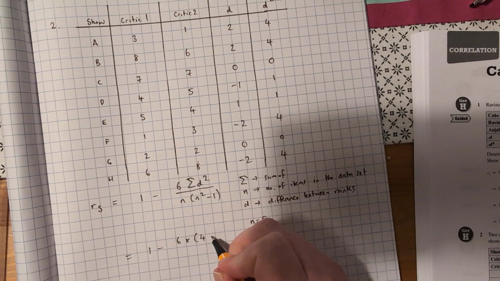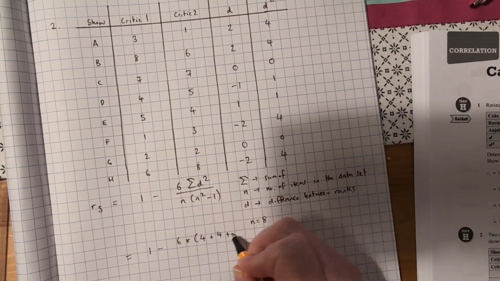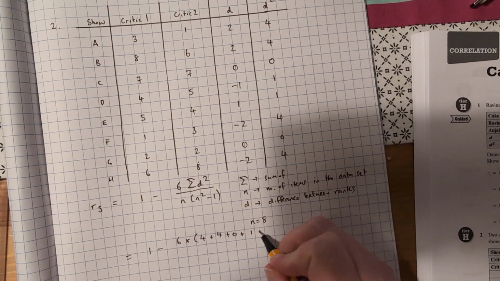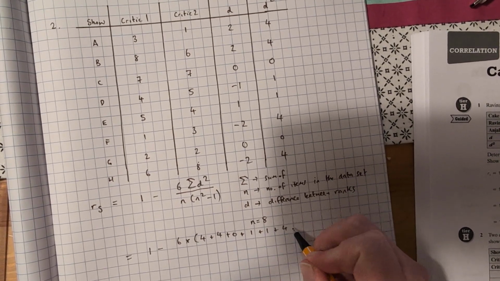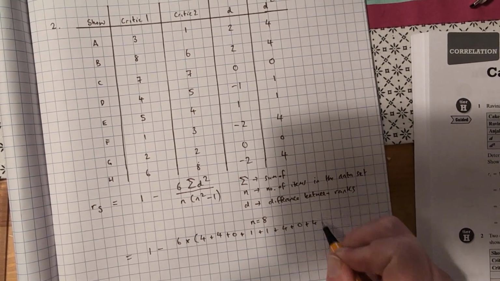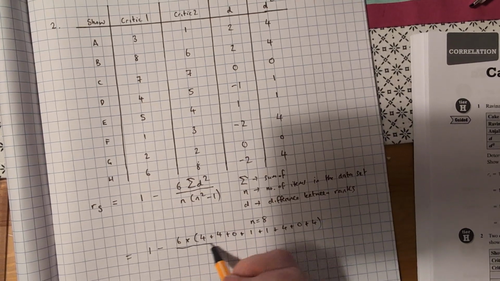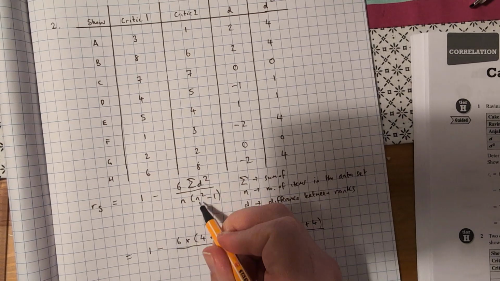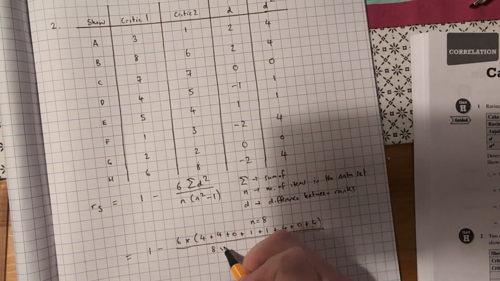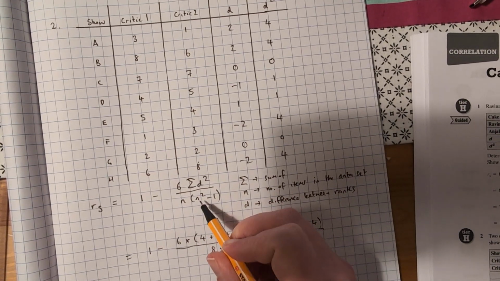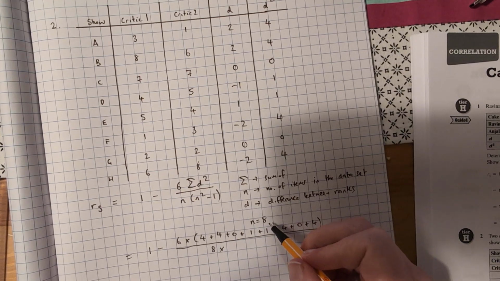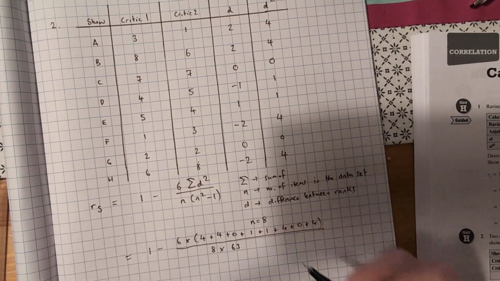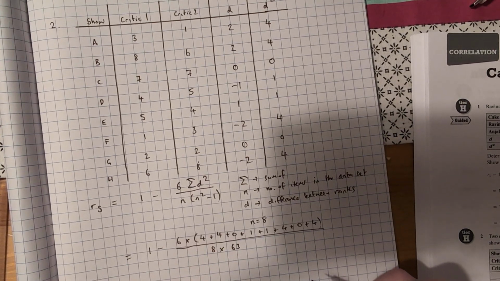So it's going to be 4 plus 4 plus 0 plus 1 plus 1 plus 4 plus 0 plus 4. And that's all going to be over n is equal to 8. And then we go brackets multiplied by n squared minus 1. N squared is going to be 64. Minus 1 is going to be 63. It's going to be 8 times 63.